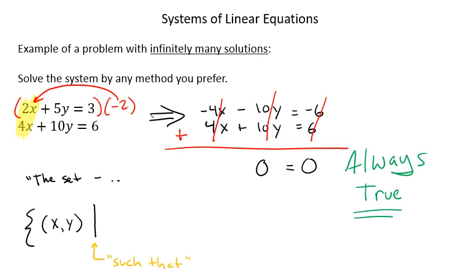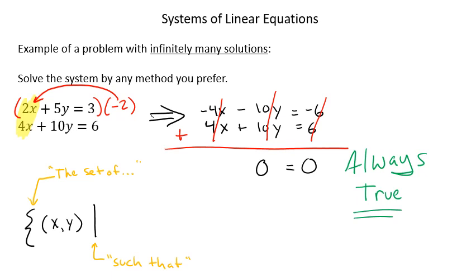Such that. I'll use orange for the annotation in terms of the symbols. So the squiggly bracket, the set of, now we've got points, x, y, vertical line, such that, and then just copy the problem.